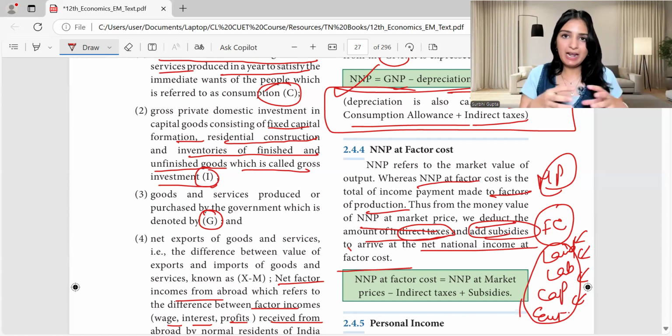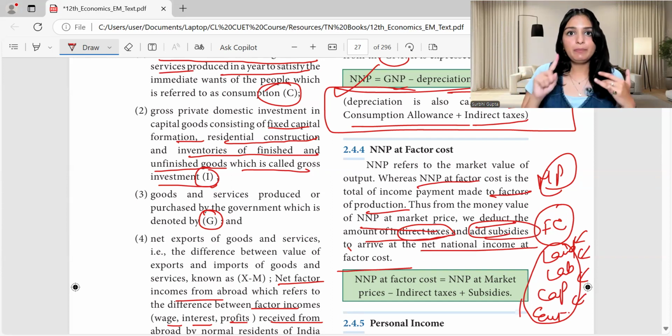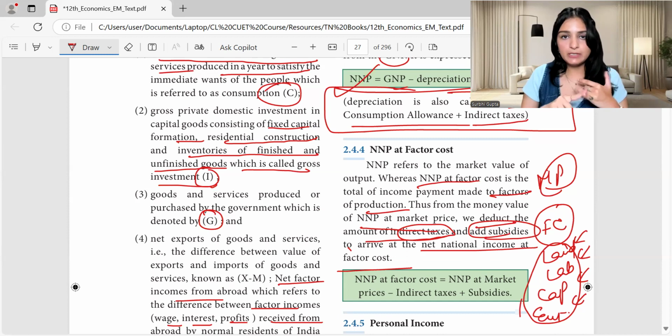After paying all of it, we'll add up the value of the t-shirt and say that the factory cost of the t-shirt is 300 rupees. But to go into the market, there would be subsidies and there would be taxes. So when we include taxes and exclude subsidies, we get the market price, and from the market price we do the reverse.